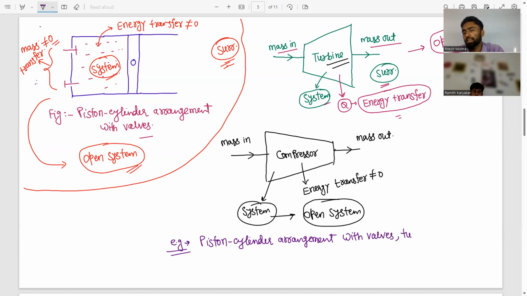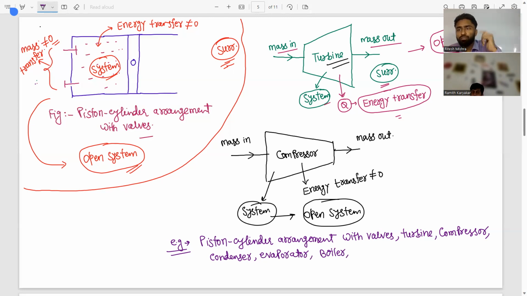The second example is the turbine, compressor, condenser, evaporator, and boiler. You have studied about the boiler. In the boiler, water enters and steam leaves. That means mass transfer is occurring between the system and surrounding.